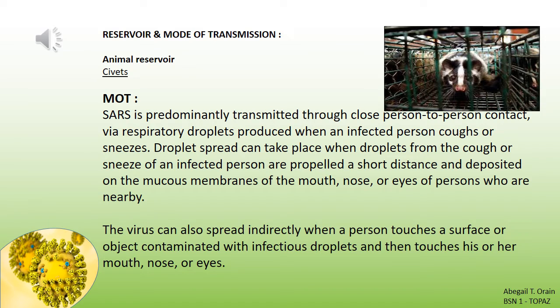The virus can also spread directly or indirectly when a person touches a surface or an object contaminated with infectious droplets and then touches his or her mouth, nose, or eyes.